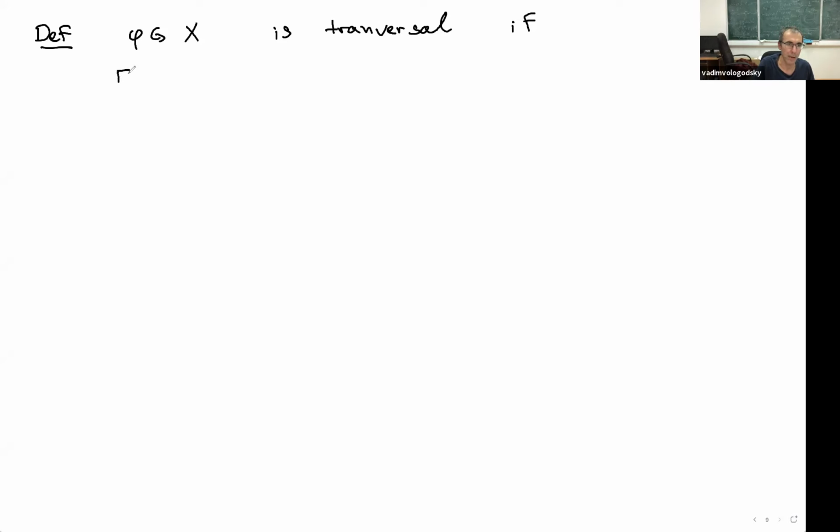We can consider the graph of phi, it's a closed subvariety of X times X, and it maps to Y times Y. The condition is that this composition is an isomorphism. So this graph of phi is transversal to the fibers of this Lagrangian fibration.